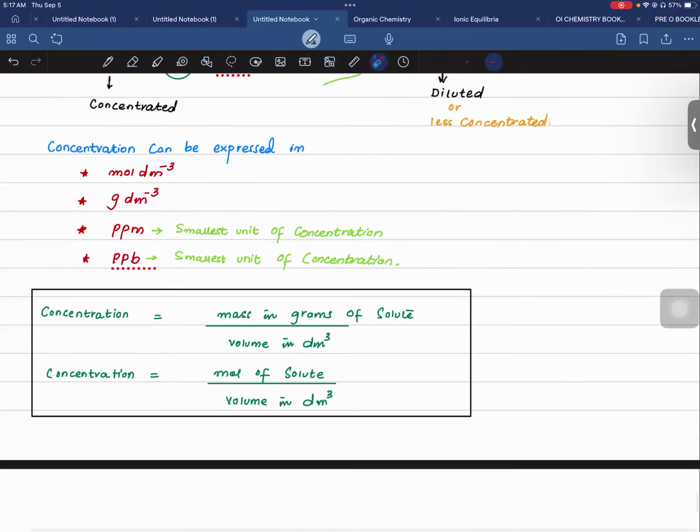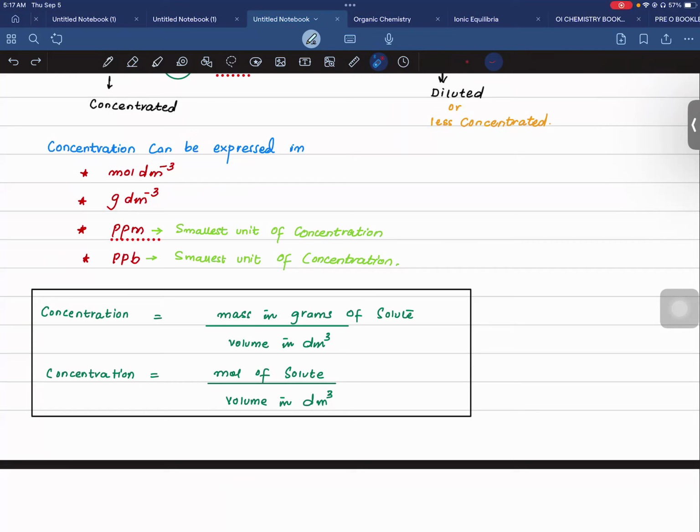So concentration is mass in grams of solute divided by volume in dm3, or moles of solute divided by volume in dm3. Okay, so the amount of something divided by a particular amount of solvent. This is concentration.